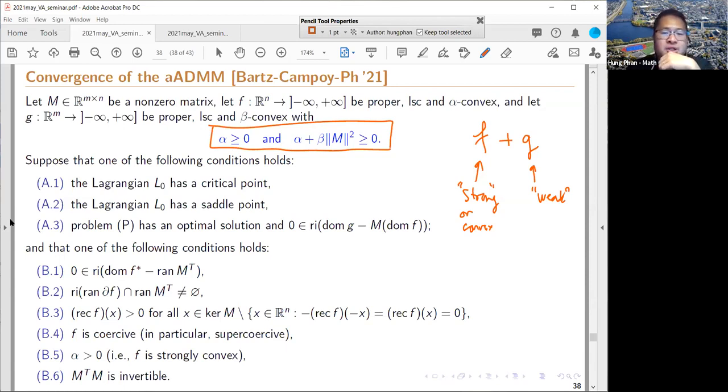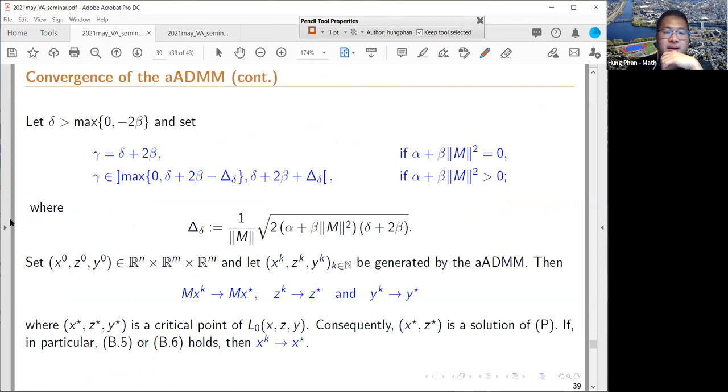So if one of the conditions in group A is satisfied, and one of the conditions in group B is satisfied, and we choose appropriate parameters gamma and delta, then the sequence generated by the adaptive ADMM will converge to a critical point of the Lagrangian, from which we can find a solution of the original problem. That's the main result in this paper.